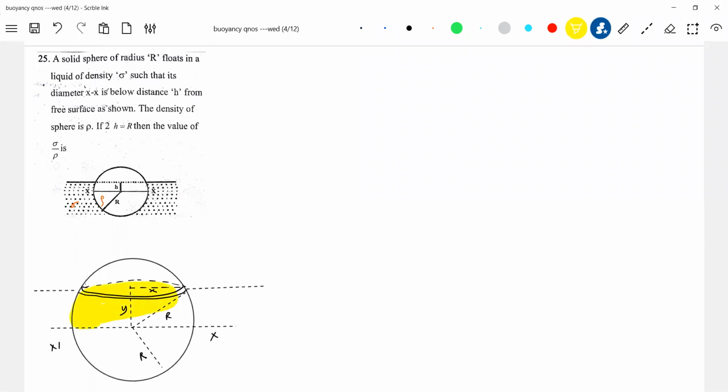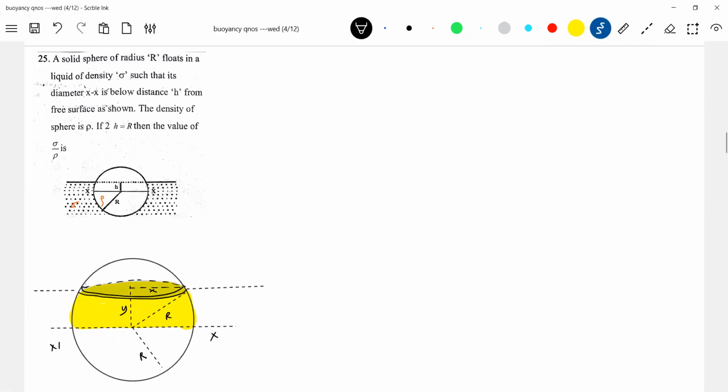Shall we first calculate the volume of the yellow colored solid region? How to calculate that one? Here we assumed a disk. I think I am really helping with a very good diagram. Okay, now proceed with the mathematics. I have shown a thin disk.